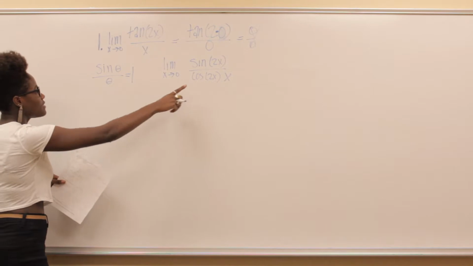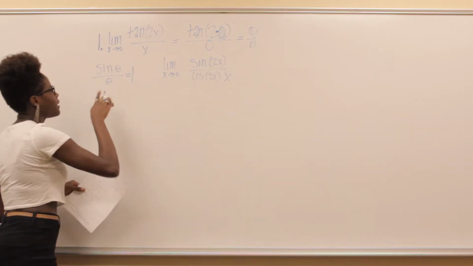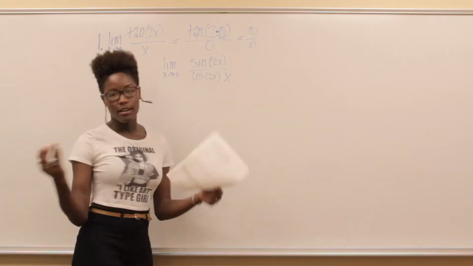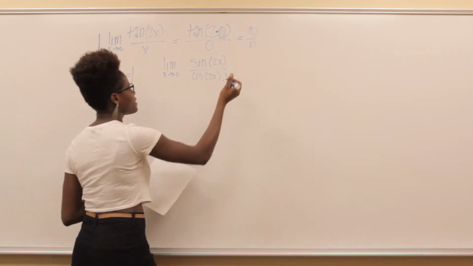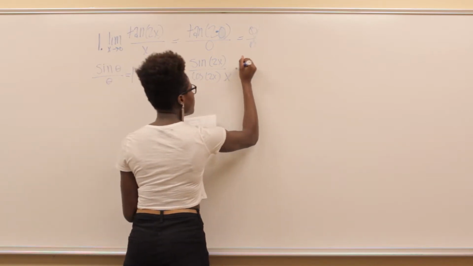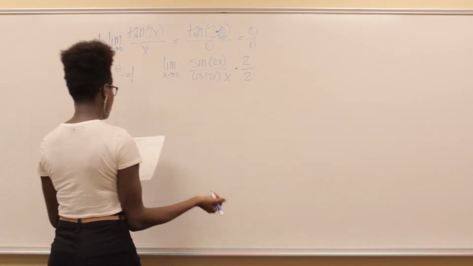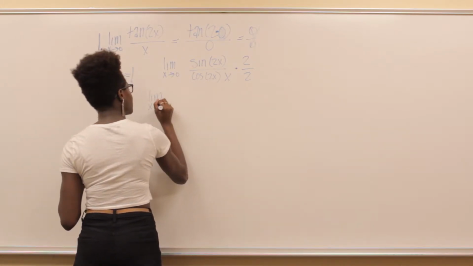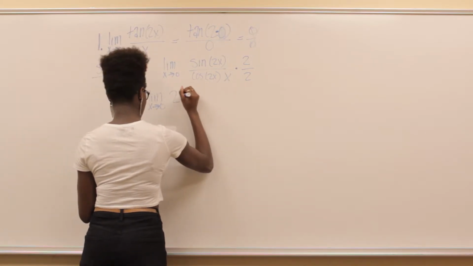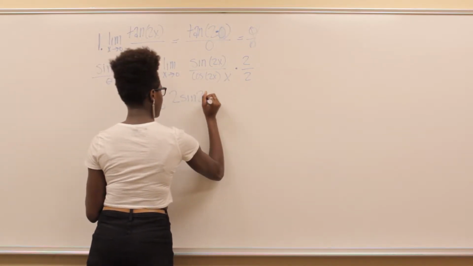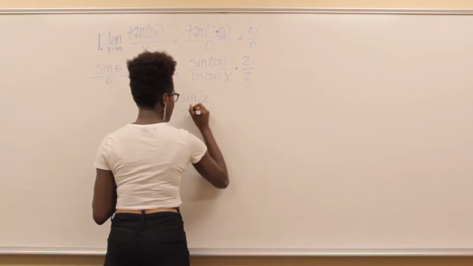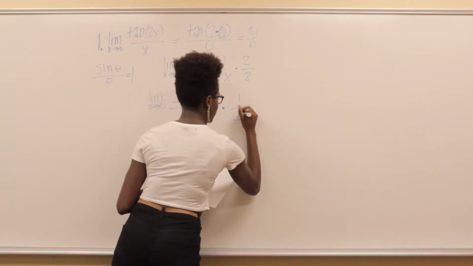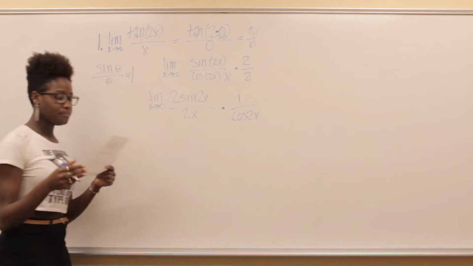And so in order for this sine to become 1, you have to make this sine of 2x have a 2x in the bottom. So how are you going to do that? You have x right here, so let's just multiply this whole thing by 2 over 2, which then gives you the limit as x approaches 0 of 2 sine 2x over 2x, just to make the visual easier, and then we'll go ahead and write 1 over cosine of 2x right here.